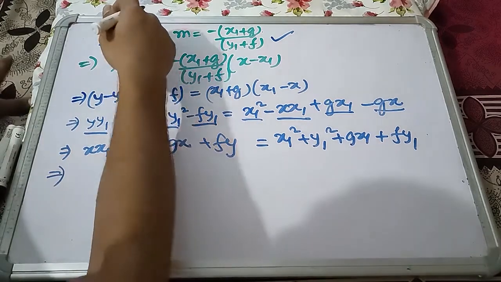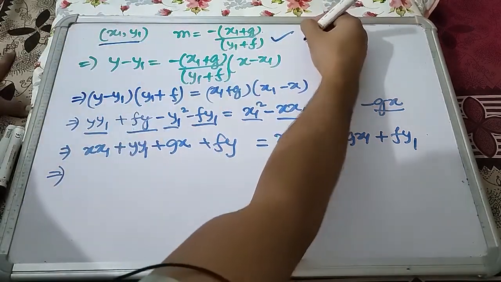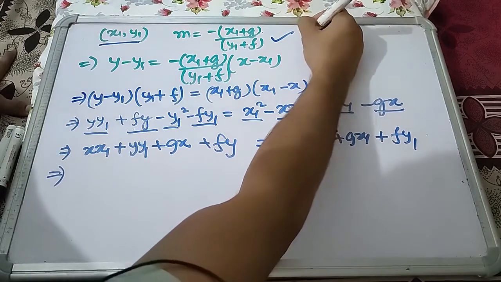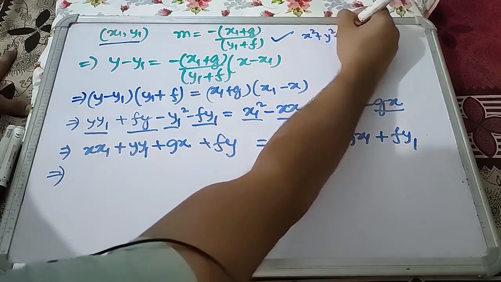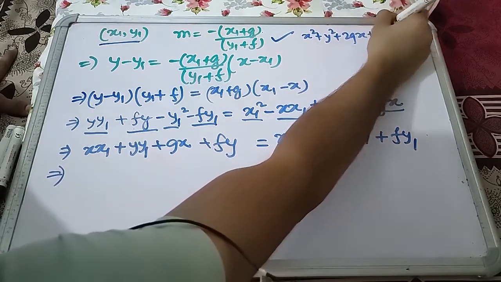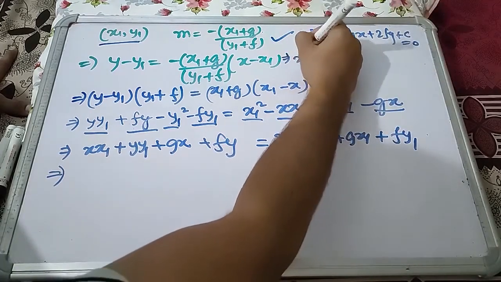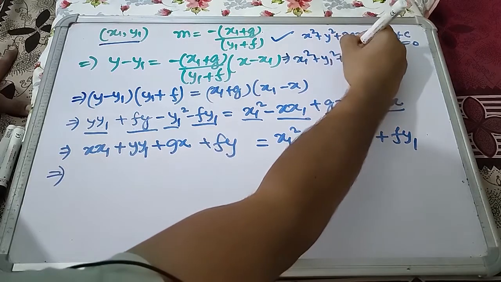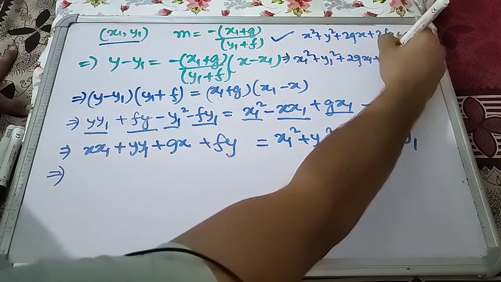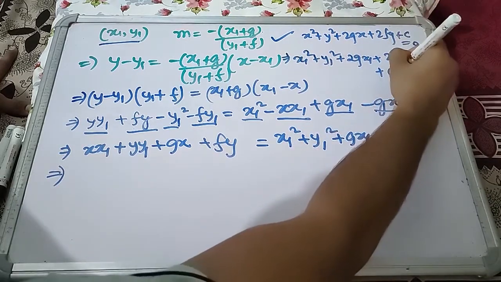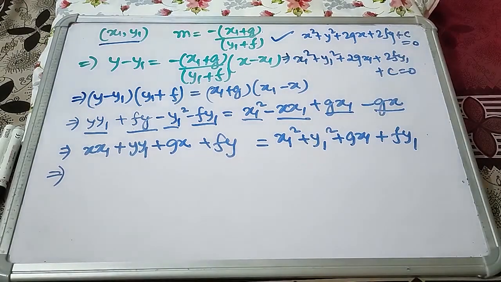Now, as I told you, x1 comma y1 lies on the circle. Therefore, if you insert it, what was the equation of the circle? It was x square plus y square plus 2gx plus 2fy plus c equals 0. So if you insert the point, x1 square plus y1 square plus 2gx1 plus 2fy1 plus c equals 0, right?